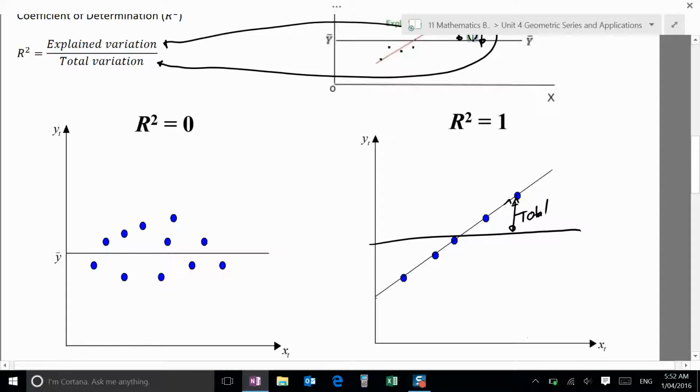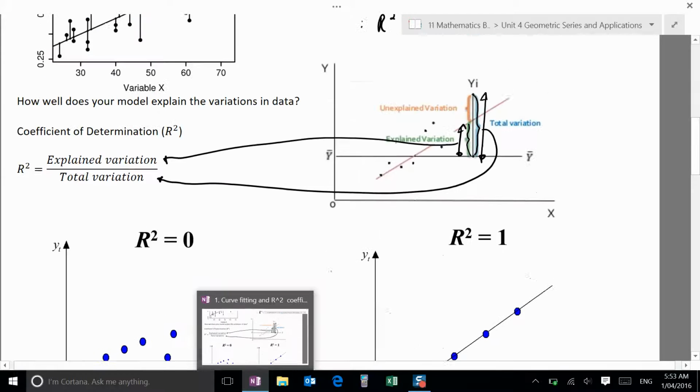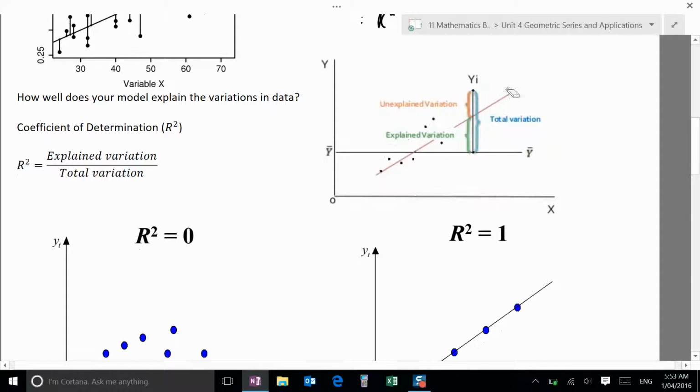The amount of variation that we've explained is the same. So if I was to do explained divided by total, whatever this distance is, say it's 5, I'd get 1, because I've explained all of my variation. Hopefully that gives you some idea of what these R-squared values are.